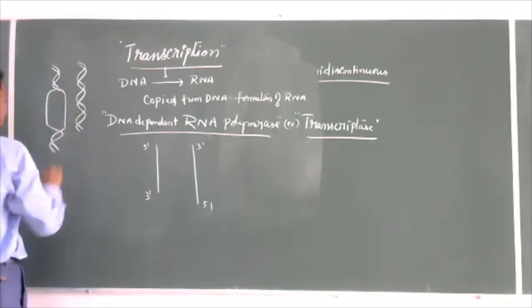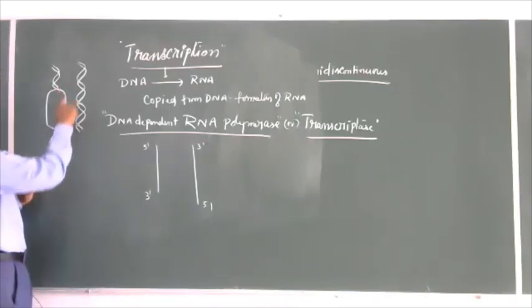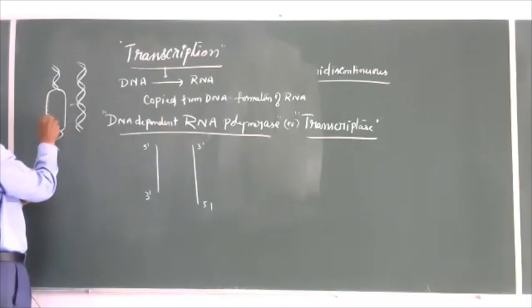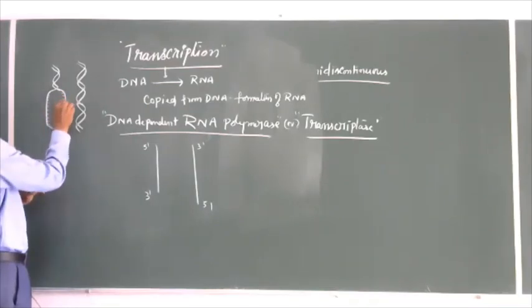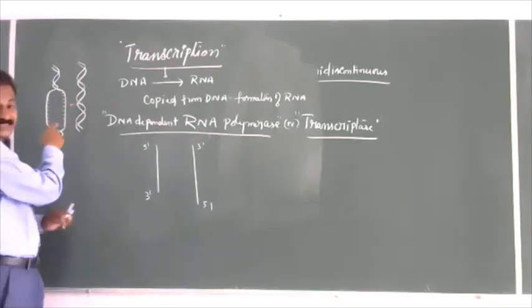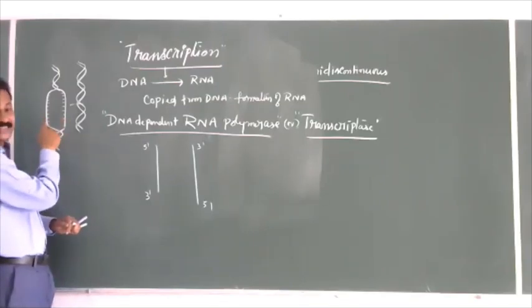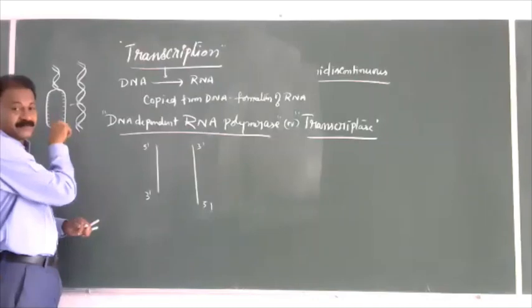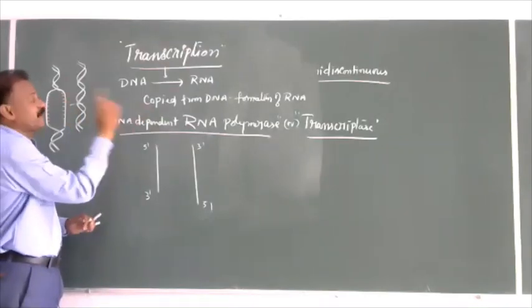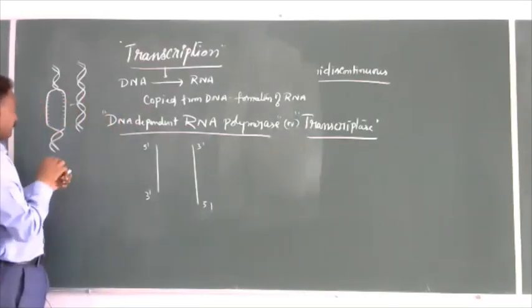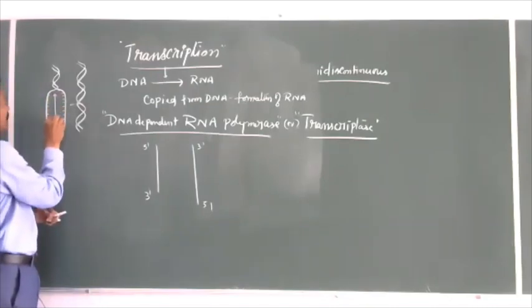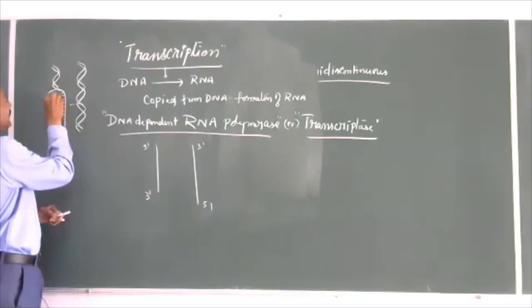A small part of the DNA opens, and out of the two strands, only one strand is copied in the form of an RNA molecule. Only one strand is responsible.